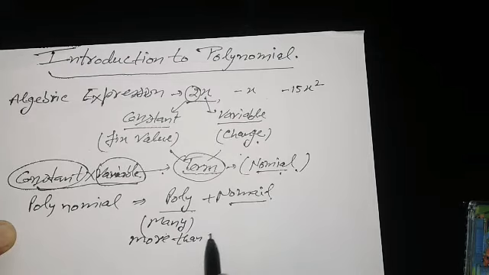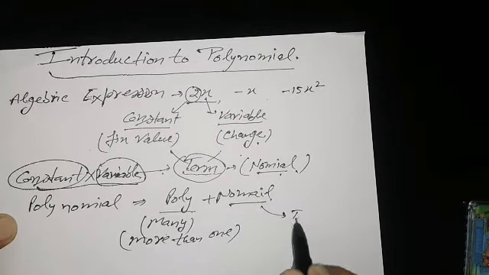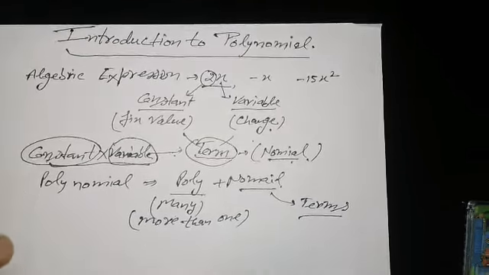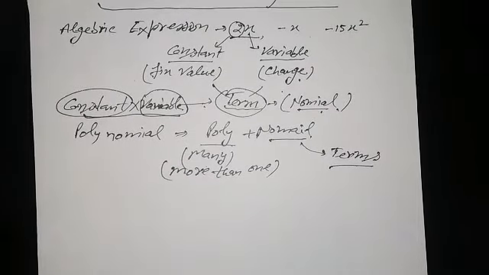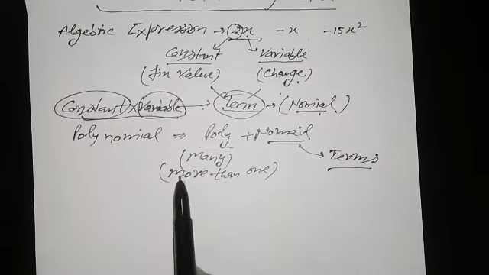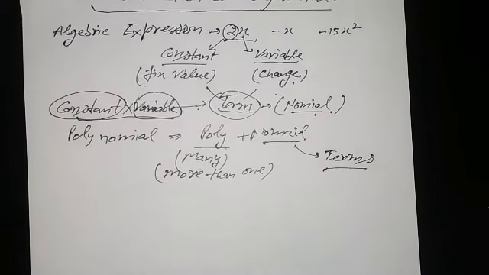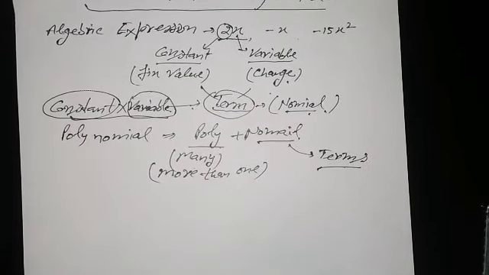And nomial means terms. So any algebraic expression having many terms can be said a polynomial. But these words cannot justify the definition of polynomial.